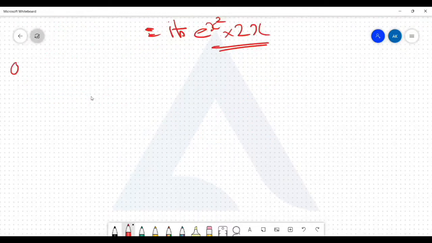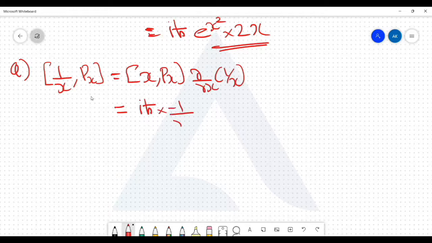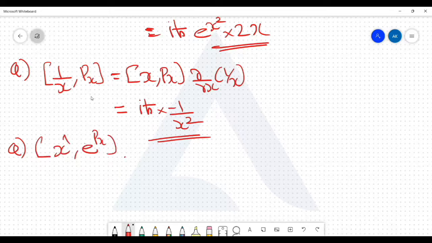What if you have something like [1/x, px]? Your a is x and b is px. Now ∂/∂x of 1/x. Here you get iħ. ∂/∂x of 1/x is minus 1 by x square. This is your answer. What about this? You have [x, e raised to px]. This is also simple. Commutator [x, px] into ∂/∂px.